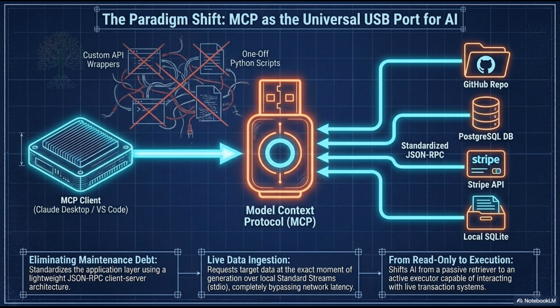Yeah. If Stripe updated their API, your LangChain or LlamaIndex tool just broke, and you had to rewrite that whole integration layer. I see. So the integration layer was just way too tightly coupled to the orchestration framework. Precisely. If you decide to switch from LangChain to a different framework, you'd have to port all those custom wrappers over. What a nightmare. And that is the exact friction point that MCP completely eliminates.